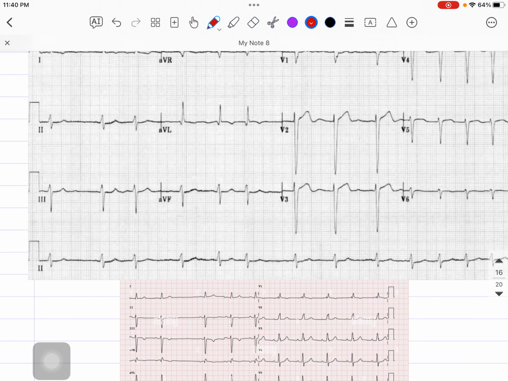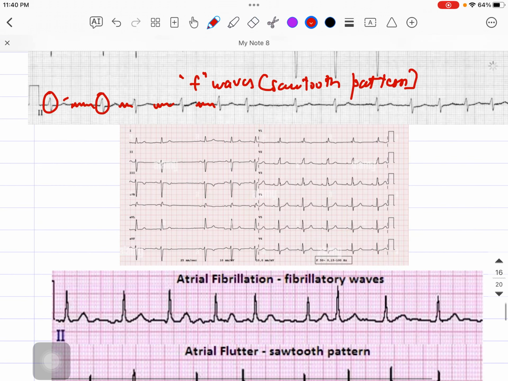Okay, so over here what I can see is the QRS complex is not that narrow, the QRS complexes are broad over here, but in between, this might be the T wave, but these are the flutter waves. These are the flutter waves over here. These are also called the F waves, or these are also called the sawtooth pattern.